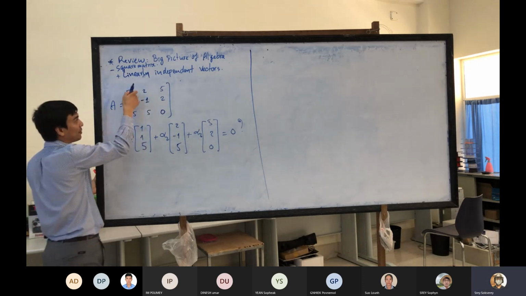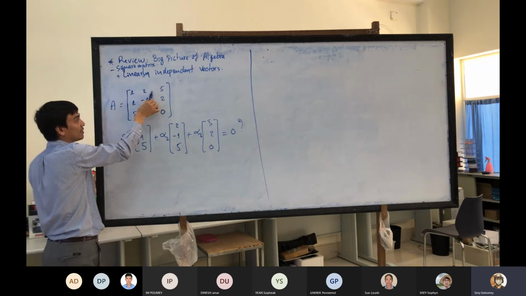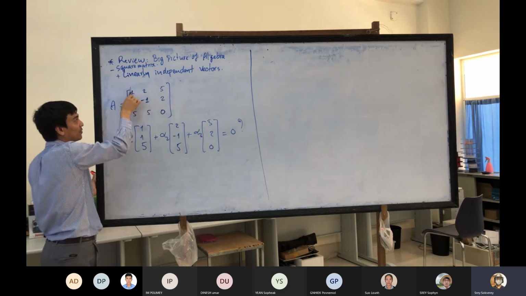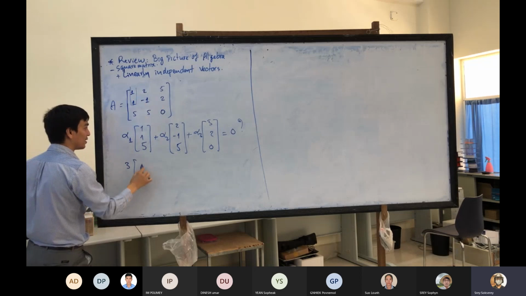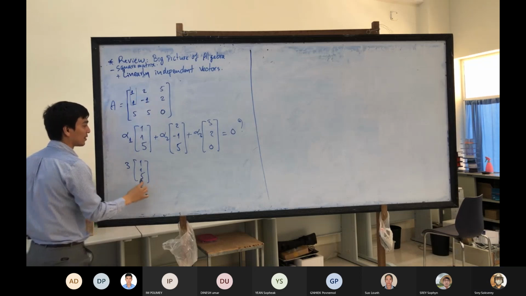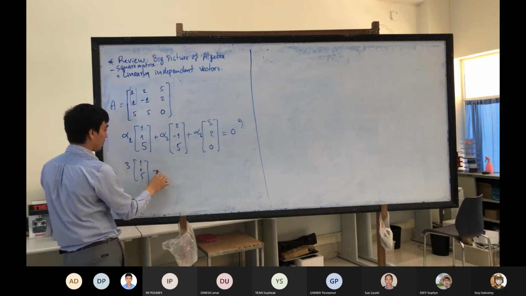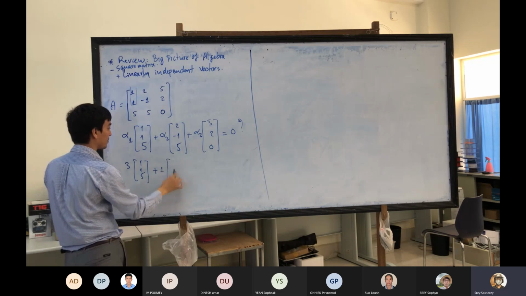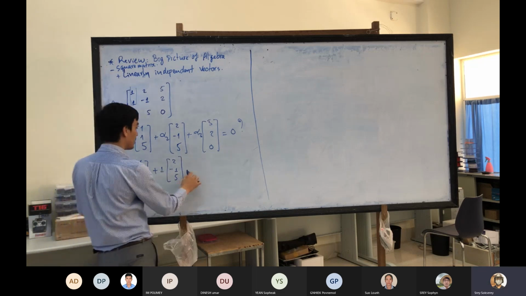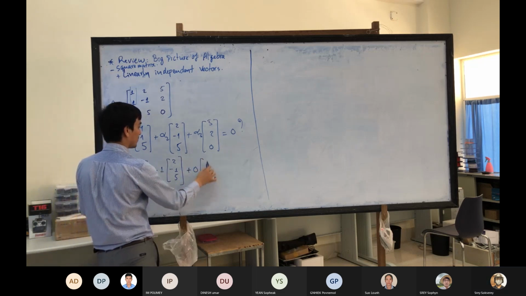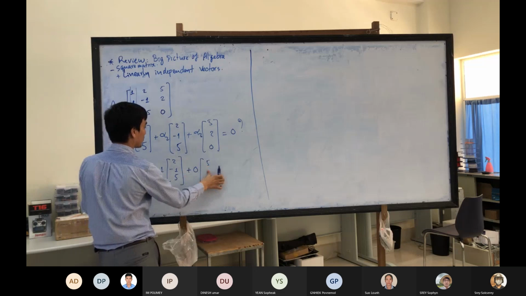You remember before that you have this. If you multiply this vector by 3, and I use 1 here, and then I use 0 here.